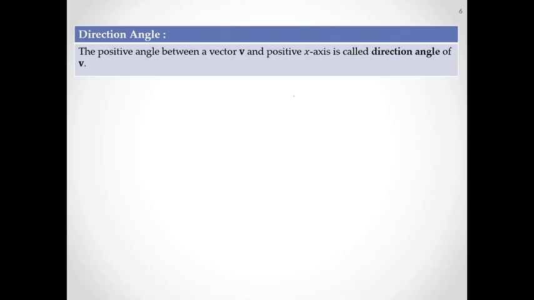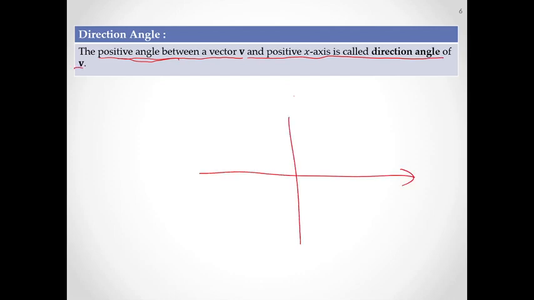Related to this issue, we can talk about the angle. The positive angle between the vector v and the positive x-axis is called the direction angle, so it behaves like the terminal side of an angle.